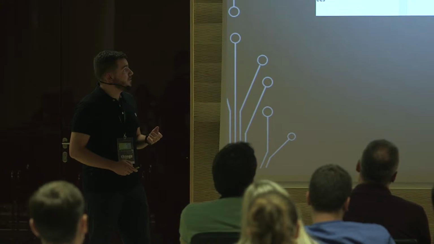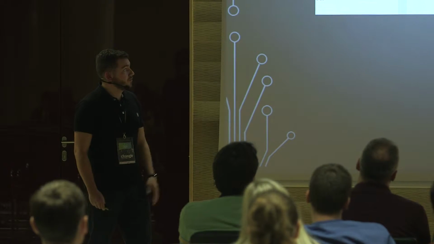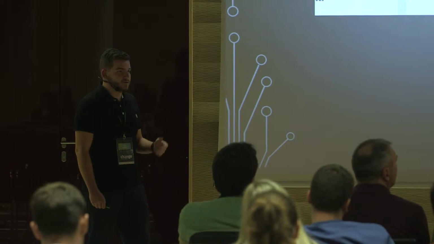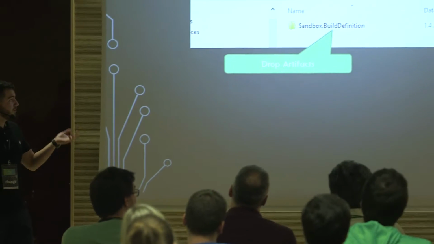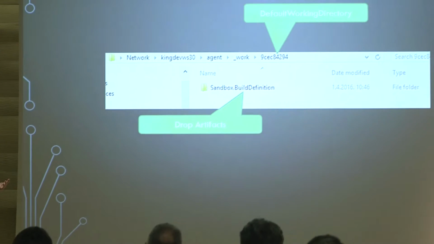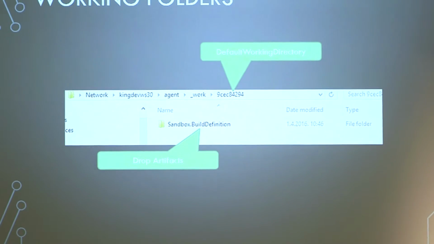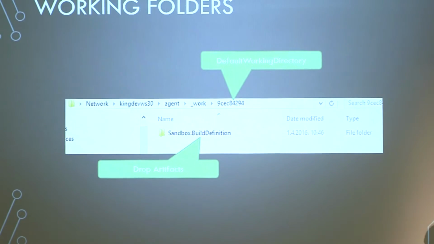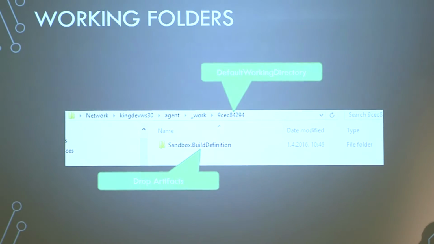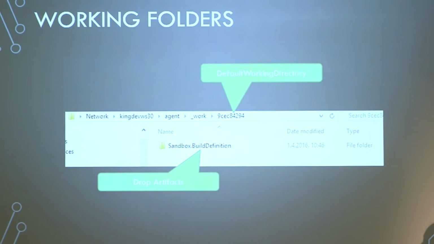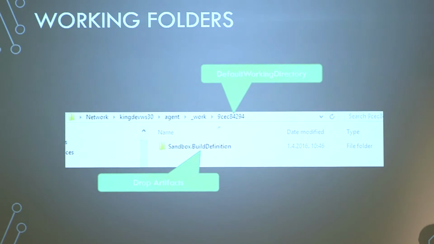More in the working folder is the default working directory. That's the version of the application which you will deploy, and that application is called drop artifacts. You can have more of them if you have more projects or something like that.